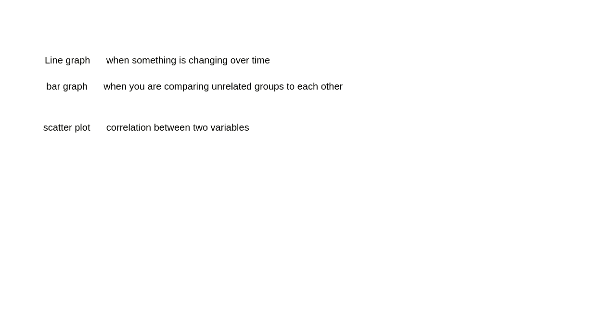A bar graph is when you're comparing unrelated groups to each other. For example, the population in different cities would be a good example of something that would lend itself well to a bar graph.